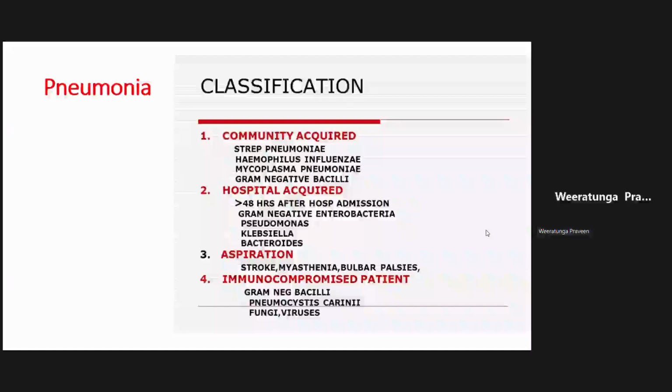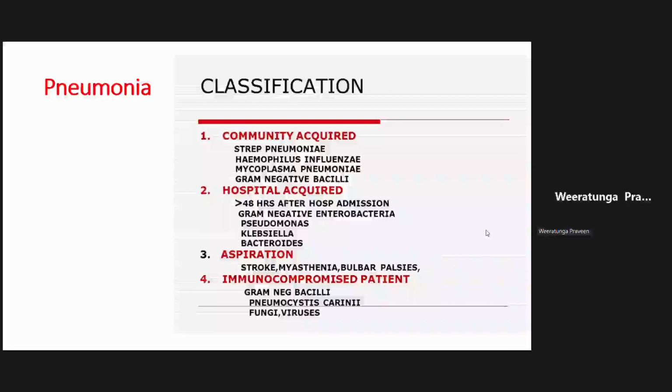You have community-acquired pneumonia, and hospital-acquired pneumonia, which is defined as pneumonia you get 48 hours after hospital admission. Then you have aspiration pneumonia, and pneumonia that occurs in the immunocompromised setting. So these are the main 4 groups of pneumonia.